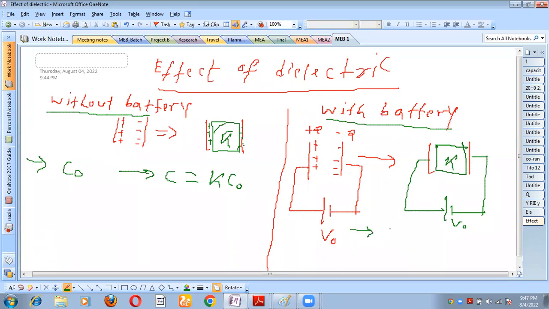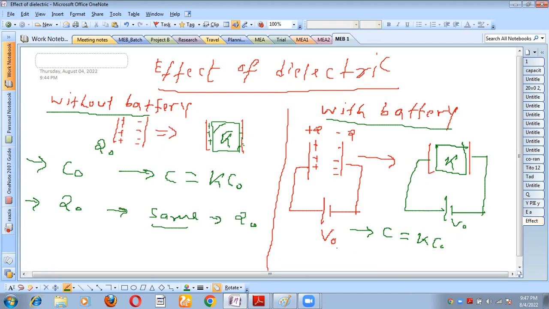Here also the capacitance will be K C naught. So capacitance will increase in both cases. Now, if we talk about charge, if the initial charge on the capacitor is Q naught, the charge will remain the same without battery.